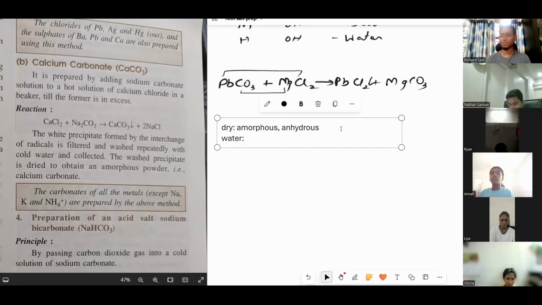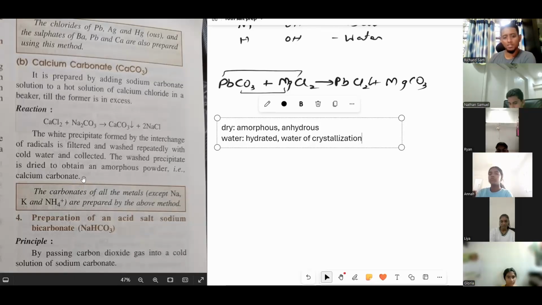If there's water, then we call it hydrated, or we'll just say water of crystallization. That water of crystallization makes that salt into crystals. Okay, all right, so this is amorphous powder.